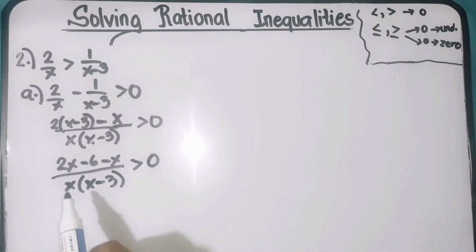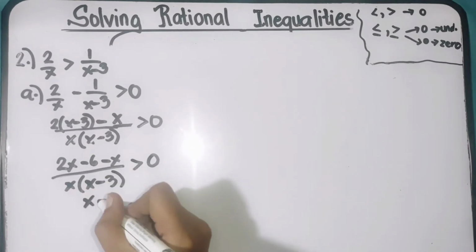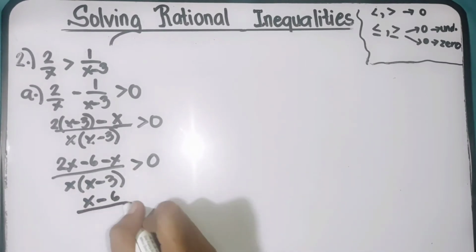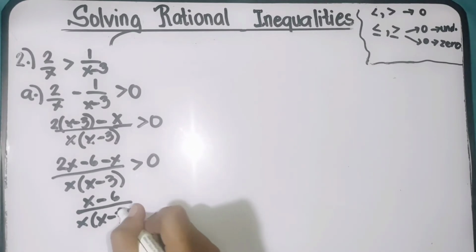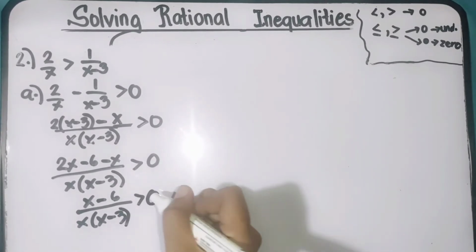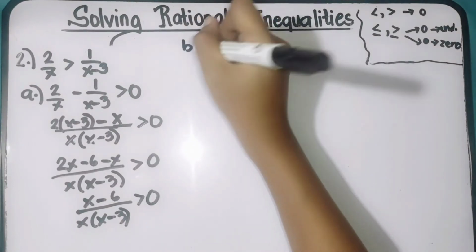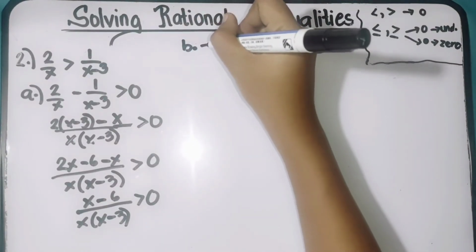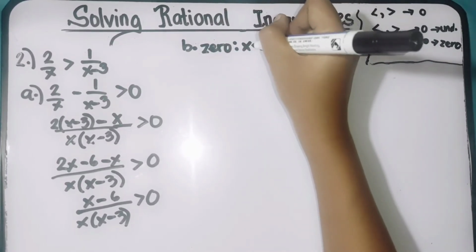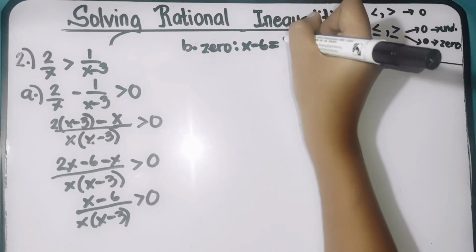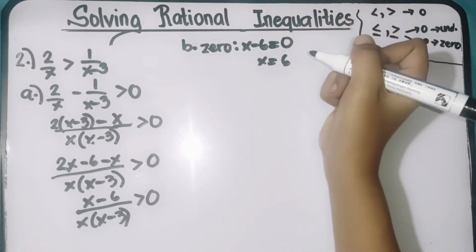Combine like terms, 2x minus x is x, copy negative 6, then copy the denominator, x times x minus 3 is greater than 0. Next step, the value that will make the numerator 0 is x minus 6 equals 0. This is x equals 6.